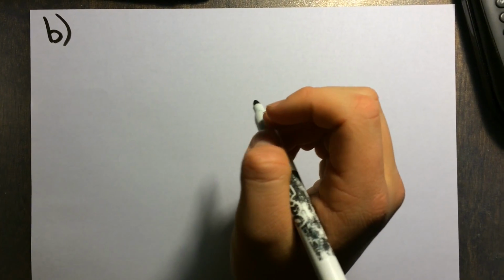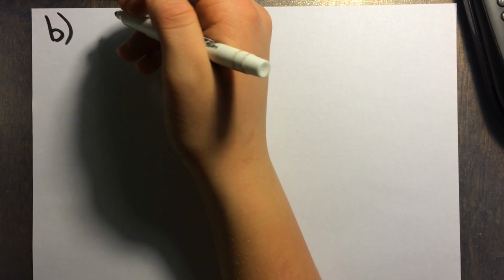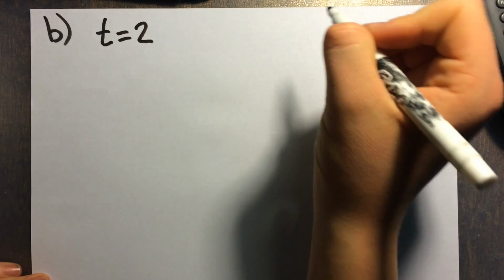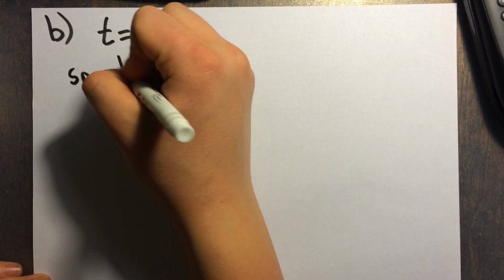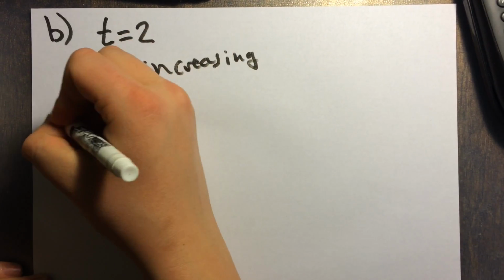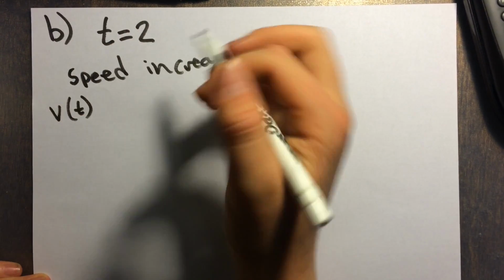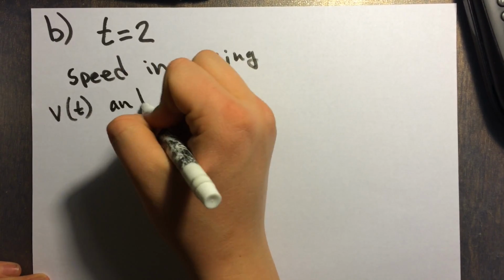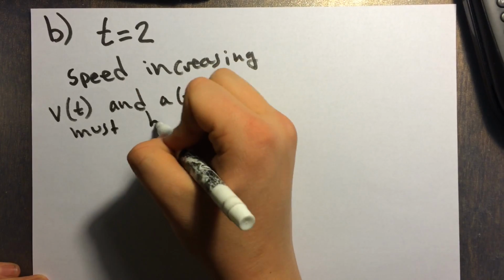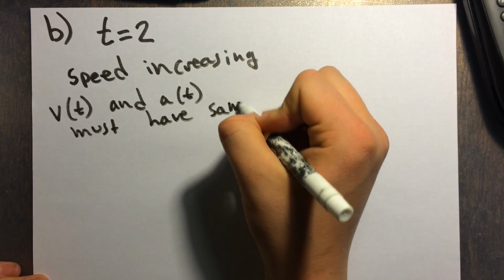Part B is asking whether the speed of the particle is increasing or decreasing at time t. If the speed is increasing, the velocity at that t and the acceleration must have the same sign.